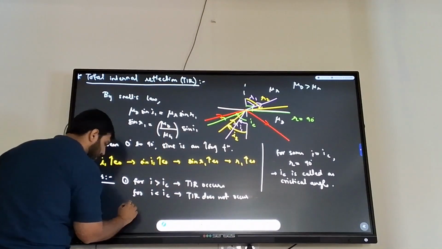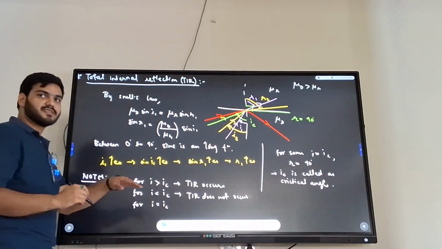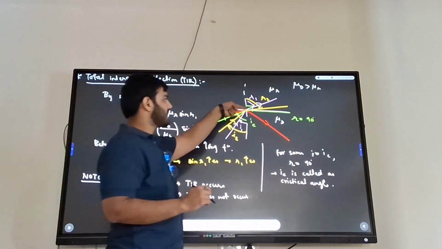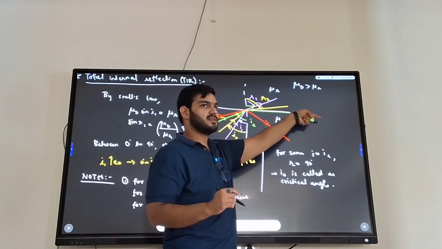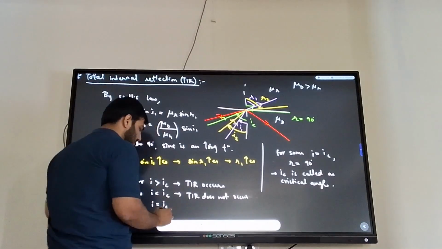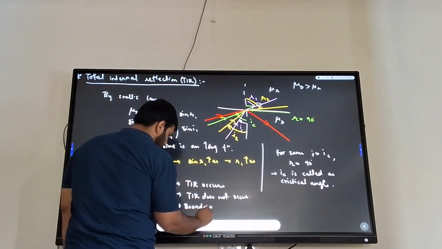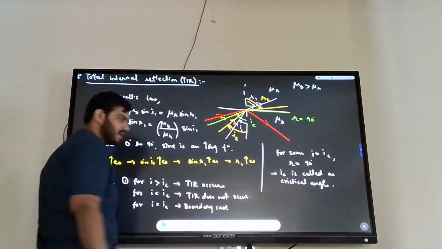And for I equal to IC, this is the boundary case. The boundary case for which the rays are just going like this. Not refracting, not reflecting. Yes? Boundary case. Is it all okay?